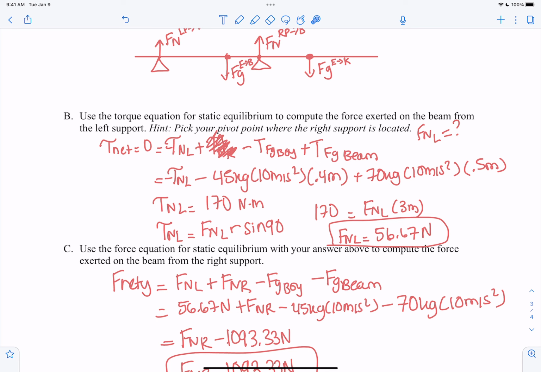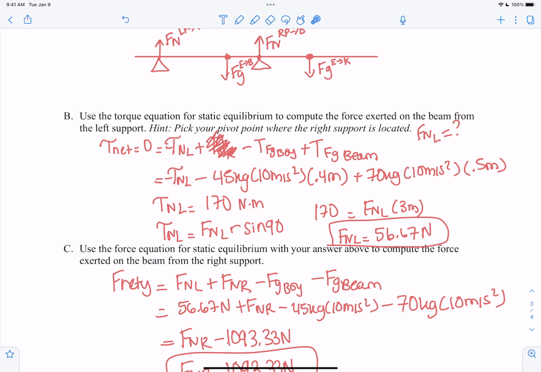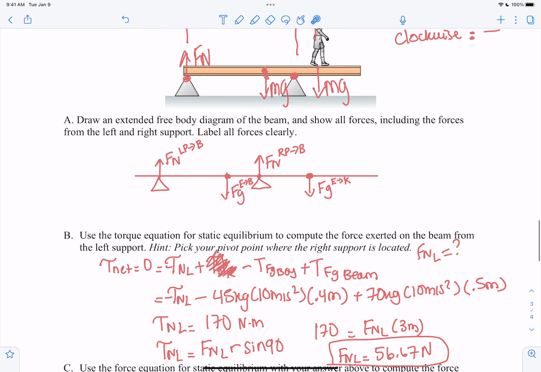And when we add things together, when we add this to the left side and calculate the rest of this out, we get T_N,L is equal to 170. But we integrated the direction here anyway. So yes, T_N,L in general should be negative 170, right? It's exerting a torque in the clockwise direction, which is negative.